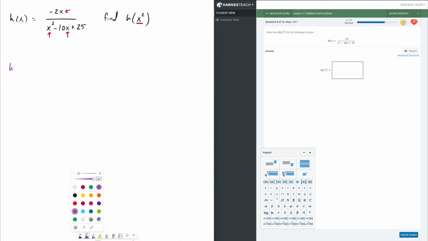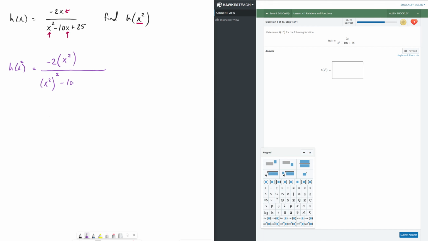So h of x squared equals negative 2 times x squared over x squared squared minus 10 times x squared plus 25.